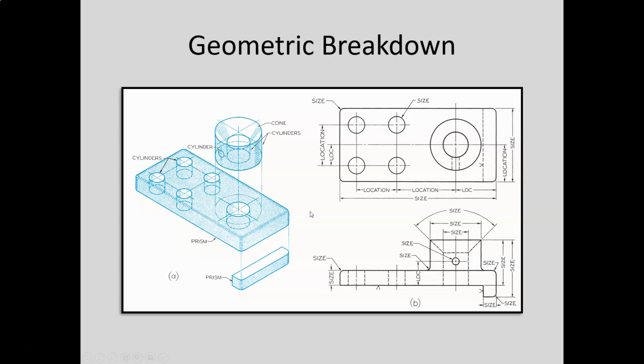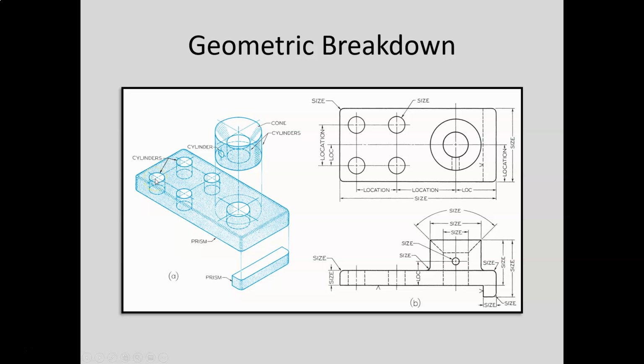So basically what you're going to do is you're going to visually, in your mind, break down each one of the parts into a series of geometric, what we call primitives. Okay. So in this example, you can see this part here, we've broken it down into a series of primitives. Those primitives are a cylinder, a hole, which is just another cylinder.